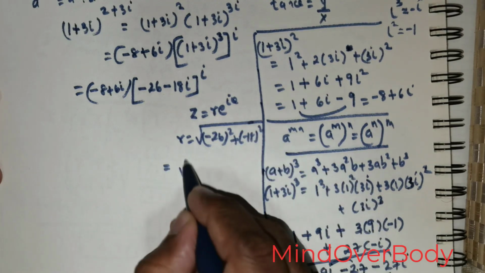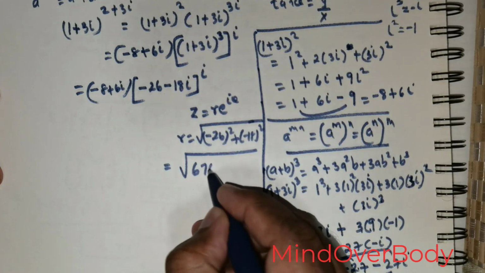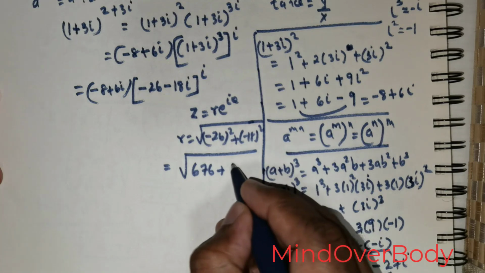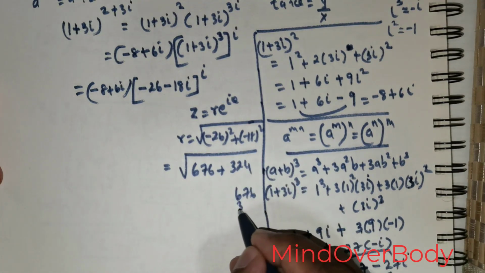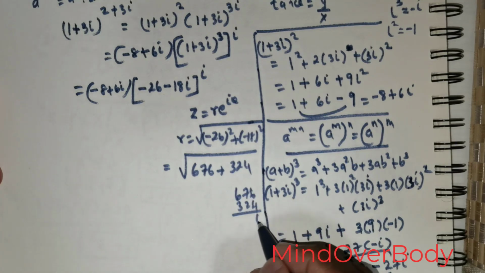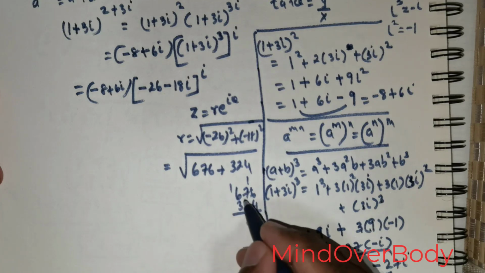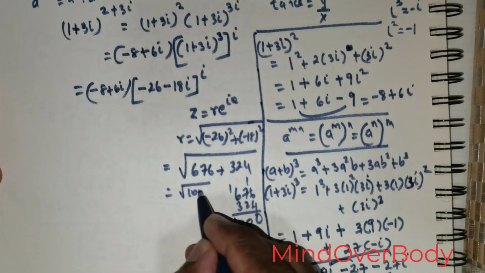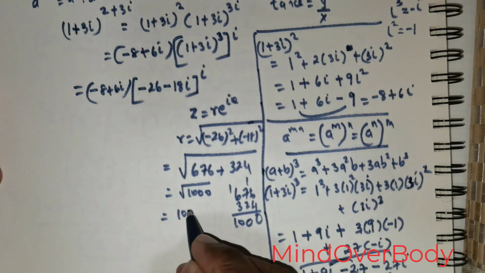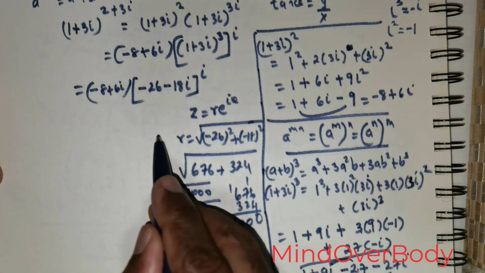Now 26 squared gives me 676, added with 18 squared, which is 324. Adding 676 and 324, I've got 1000. Now I can always rewrite 1000 as 100 times 10, which is nothing but 10 times root 10. So this is what I've got for r.